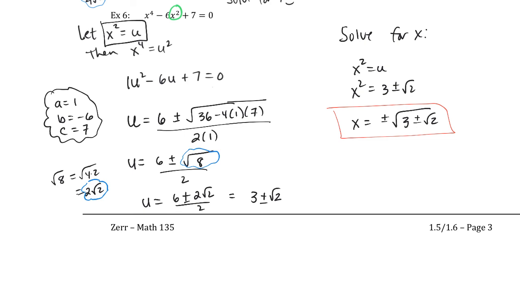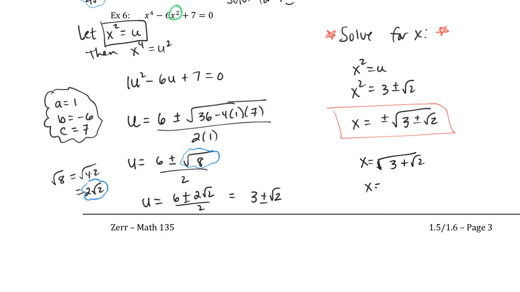So on these, just take it one step at a time. First, do your substitution, then use the quadratic formula, and then just make sure, at the end, to go back in and solve for x. Okay, so when we write all these out, we could have the positive square root of 3 plus root 2.